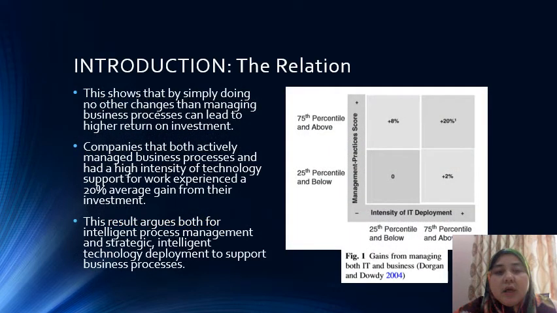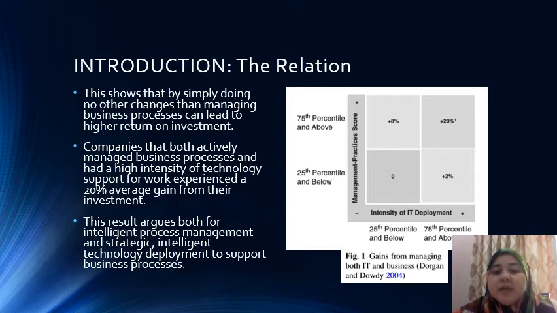All right, this grid shows the intensity of IT deployment versus management practice score, which is divided into the first 25% and below, and the other end 75% and above.